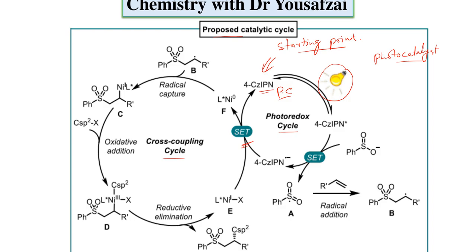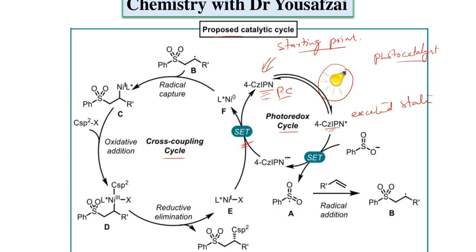When light falls on this PC, it goes to the excited state. This is the excited state of the photocatalyst. When this photocatalyst goes to the excited state, what will happen? Either this photocatalyst will accept an electron from the reactant, or it will give electrons to the reactant. But in this case, this photocatalyst will accept an electron from the reactant.